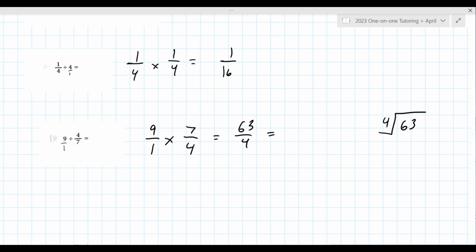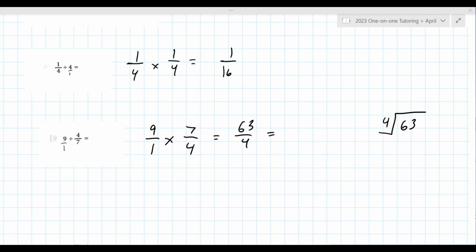Okay, so let's try that. 4. How are you doing on this one?